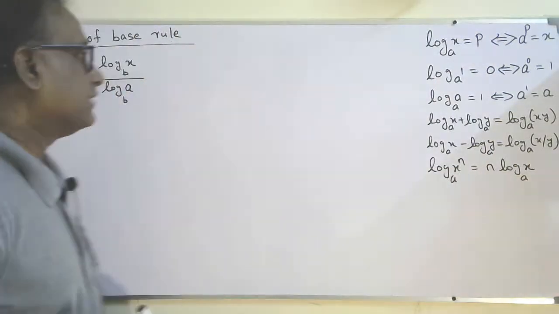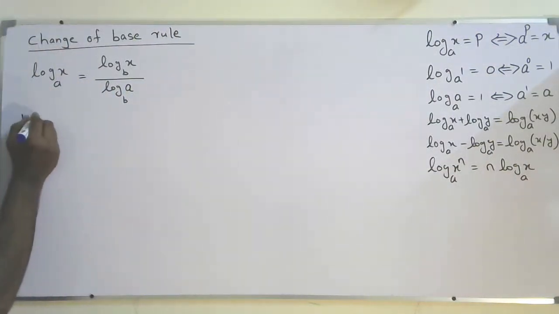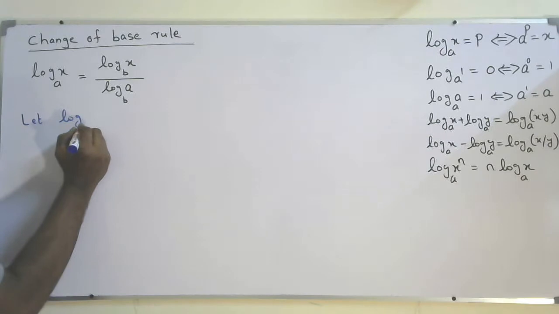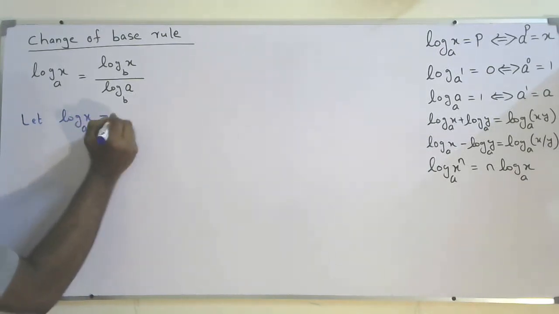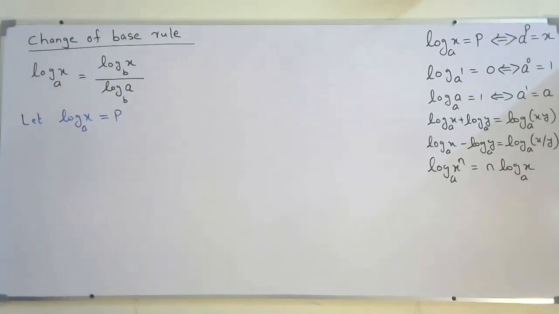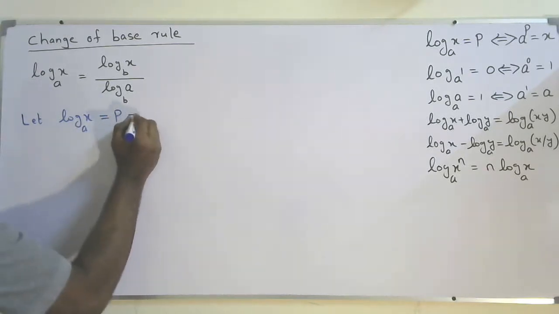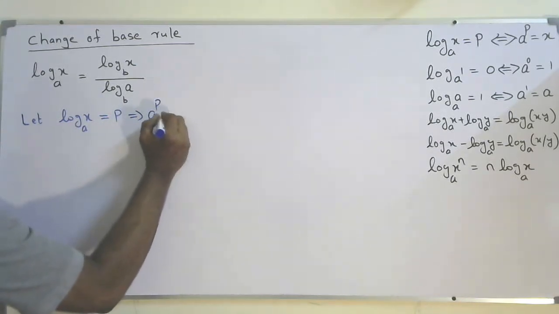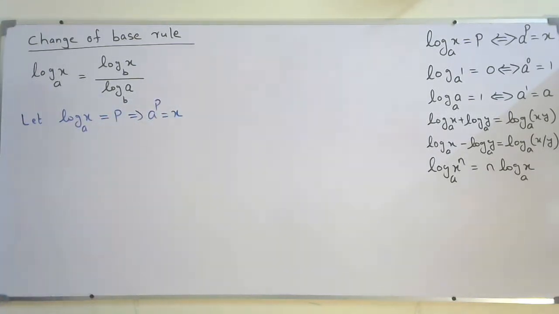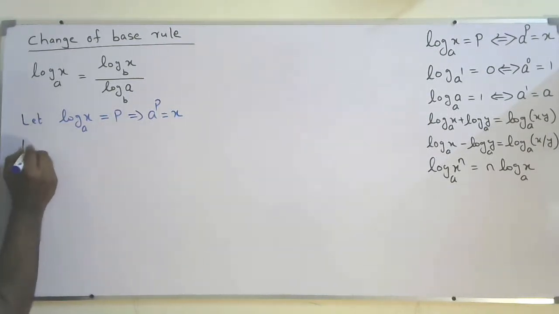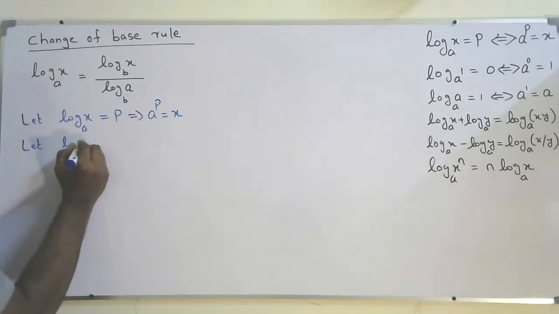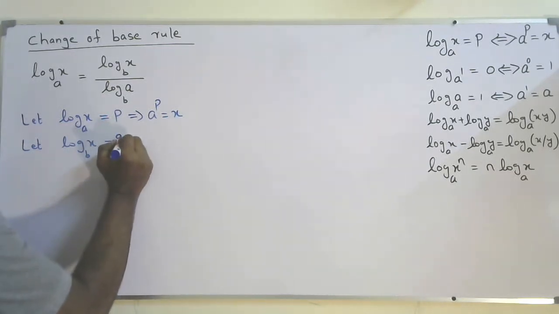Okay, how do we derive this? Let log a of x equal p. From that I can say a to the power p equals x. Then let log b of x, with the new base b, equal q.